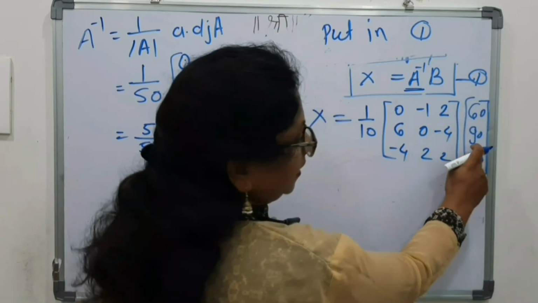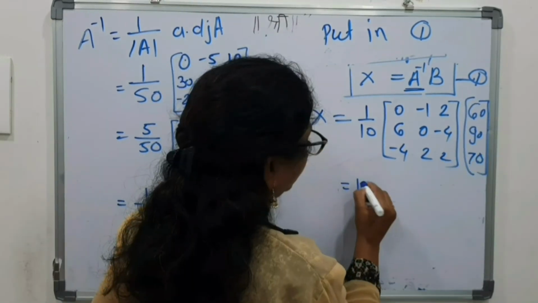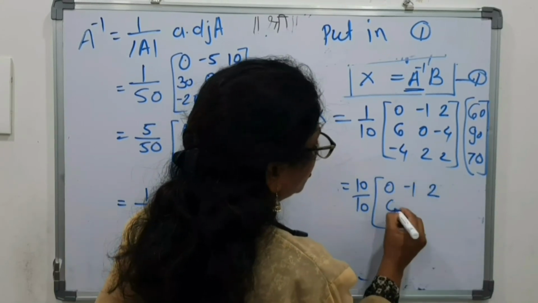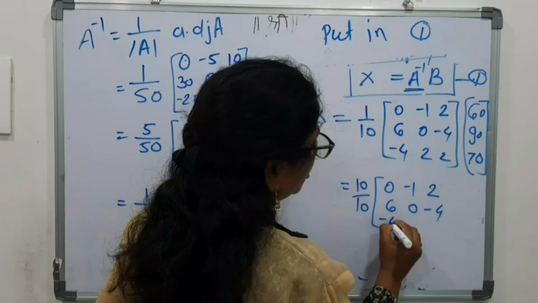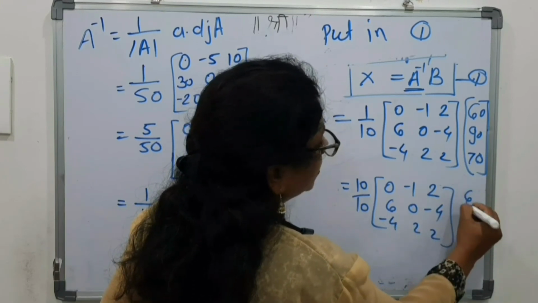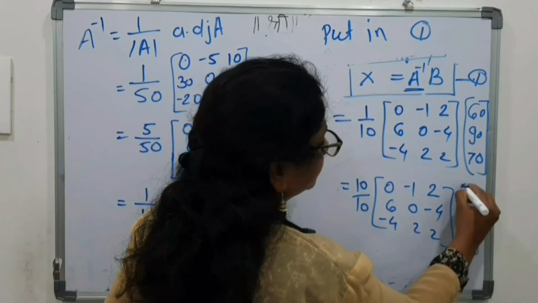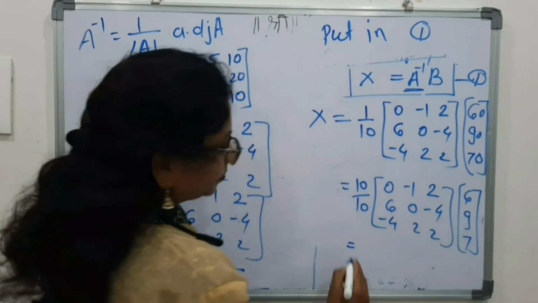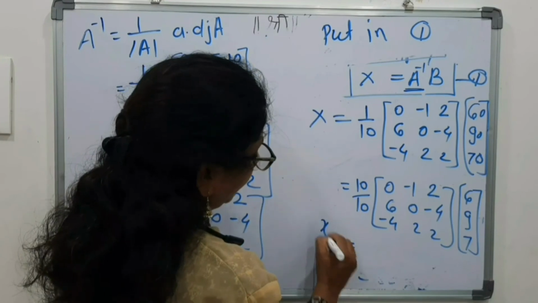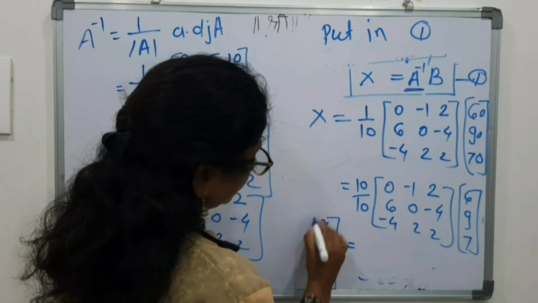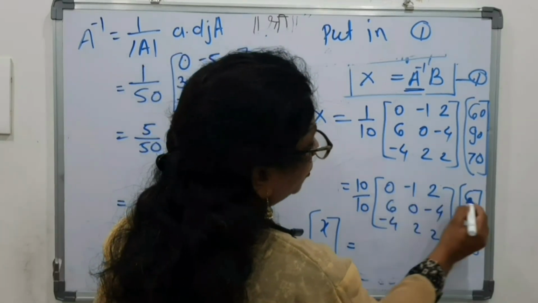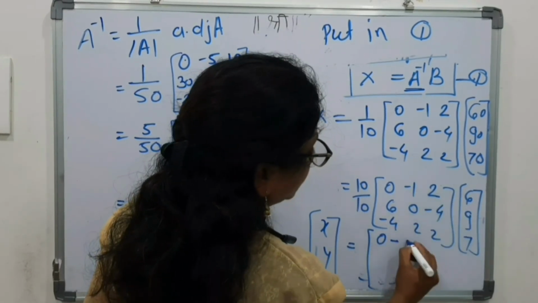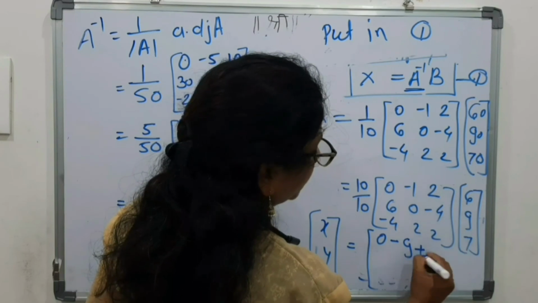Again we can take 10 from here. So 10 divided by 10 into 0, minus 1, 2, 6, 0, minus 4, 2, 2, times 6, 9 and 7. 10 gets cancelled. Simply multiply these. So here your x, y, z. 0 into 6, 0, minus 9 plus 40.